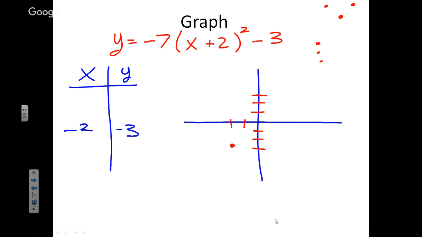I like -1. Give me another one. Point on both sides. -3. Take a second and answer this question in your head. What does that mean, a point on both sides? Why is -1 and -3 a point on both sides?